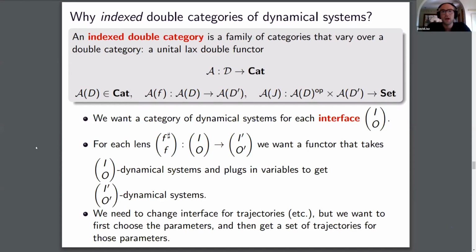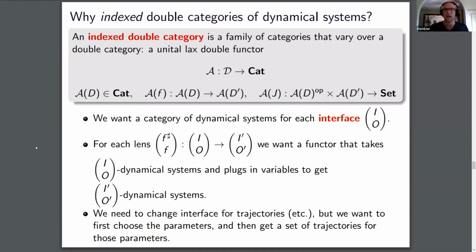Because after all, I need to know that interface in order to be able to change it using a lens. So in order to be able to plug in exposed variables into parameters, I need to know what my exposed variables were, what my parameters were. So I want a category of dynamical systems for every interface.